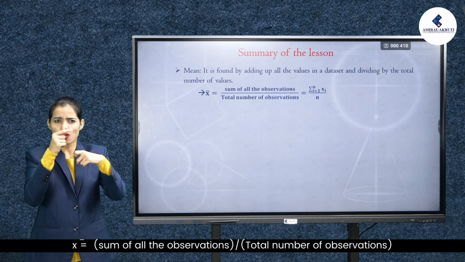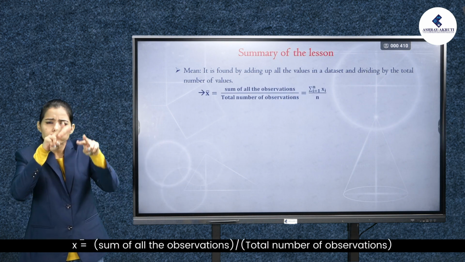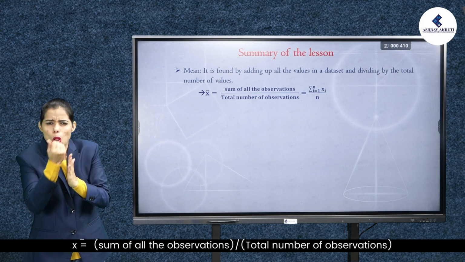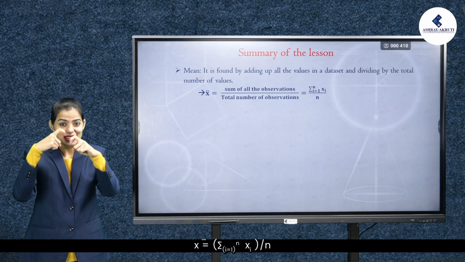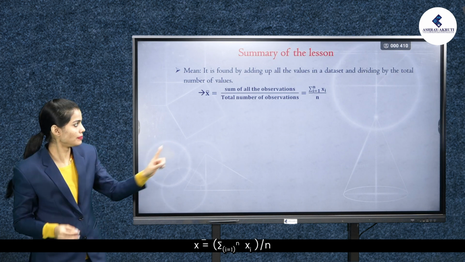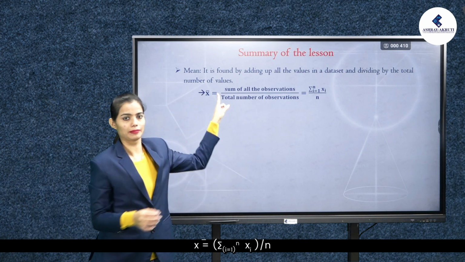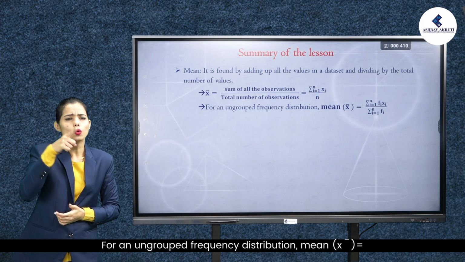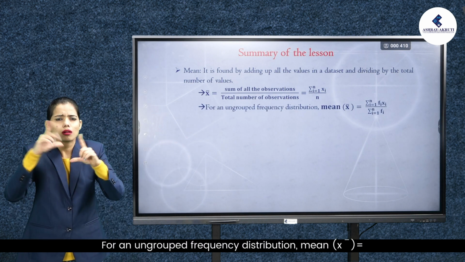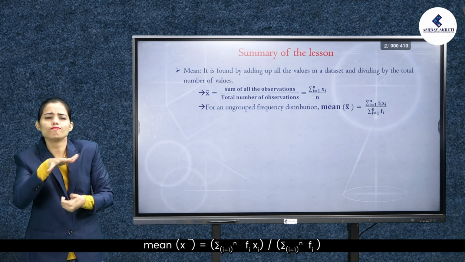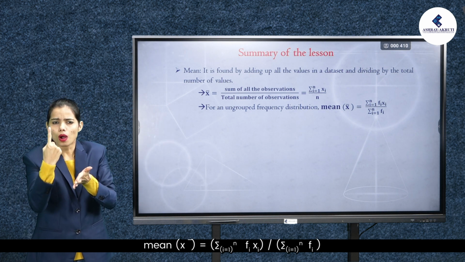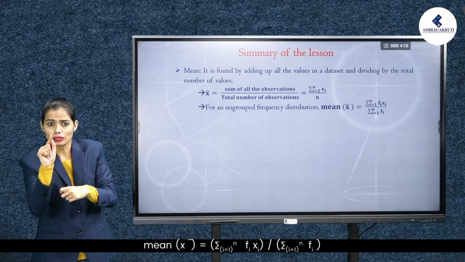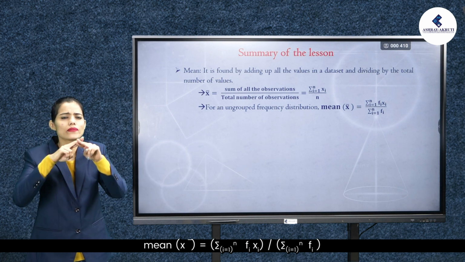X bar is equal to the sum of all the observations by the total number of observations, is equal to summation of i equals 1 to n xi by n. For an ungrouped frequency distribution, the mean x bar is equal to summation of i equals 1 to n fi xi by summation of i equals 1 to n fi.